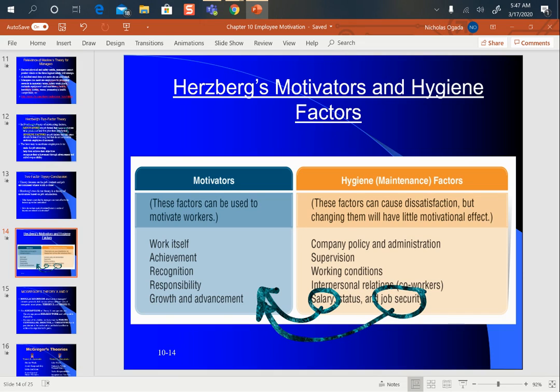So that becomes a surprising conclusion from the theory: salary and job security do not motivate employees. But if you think from a real perspective, from experience, you could probably disagree with the theory, but this is based on his research, and what he found is that he classified those factors into two: the motivators and the hygiene factors.